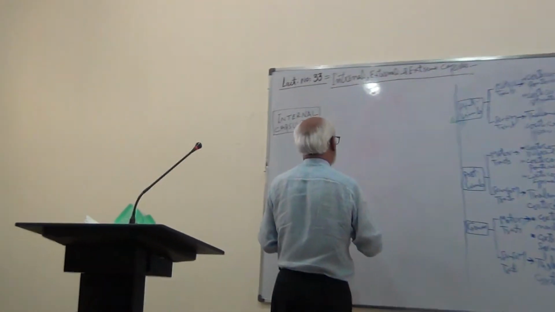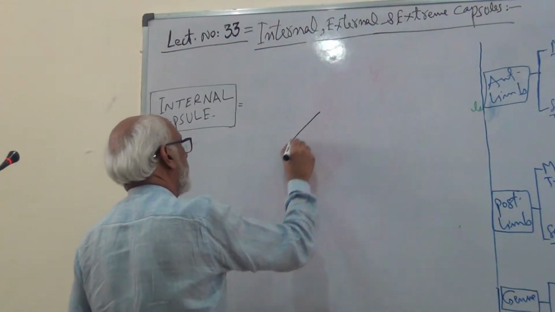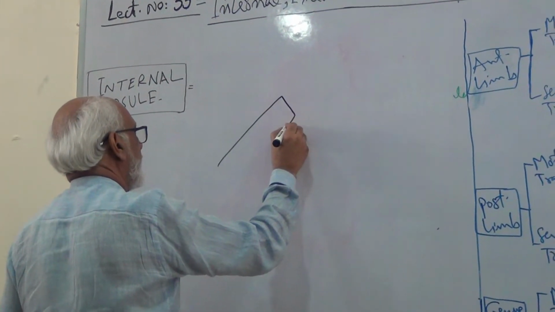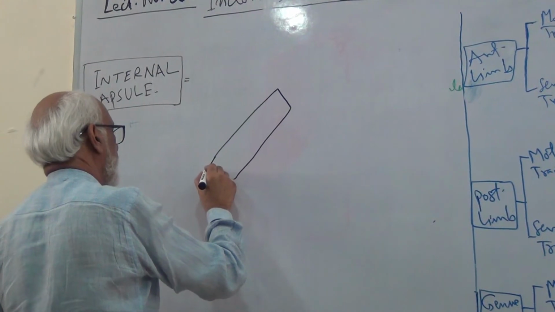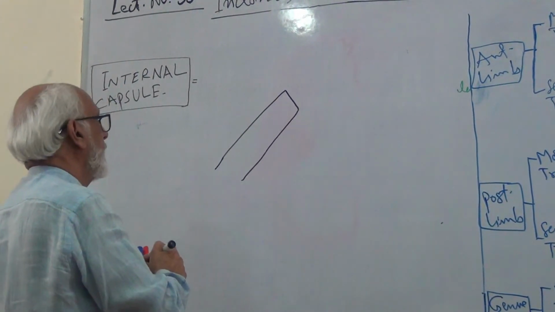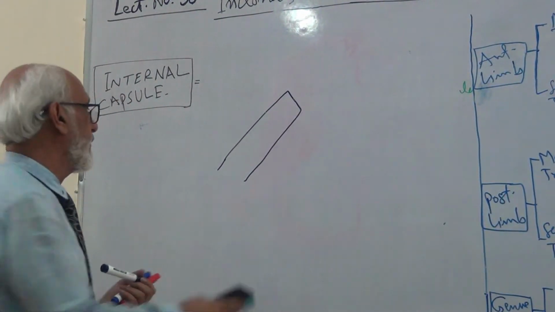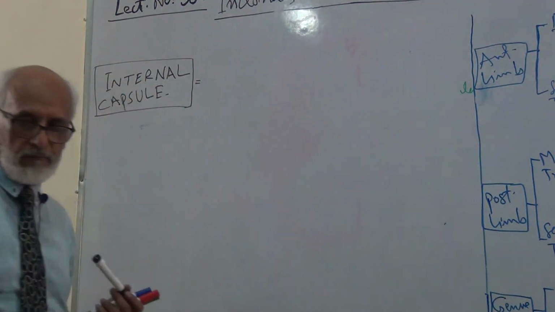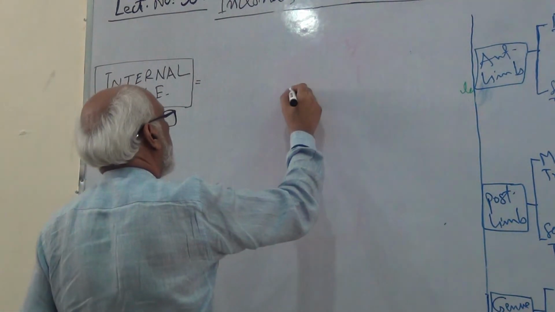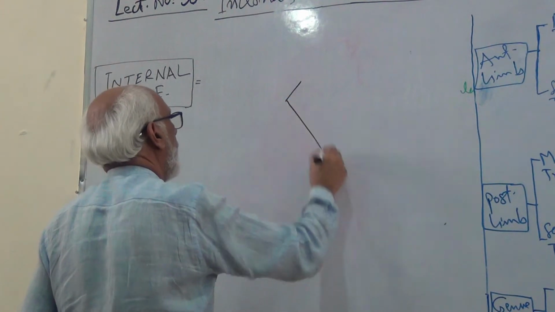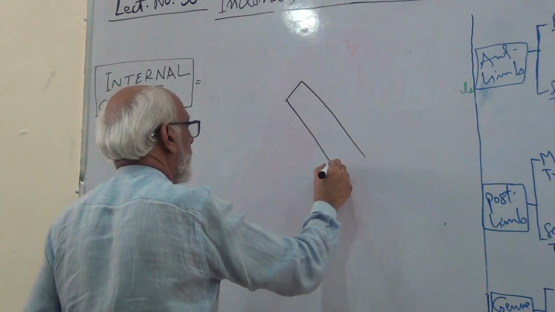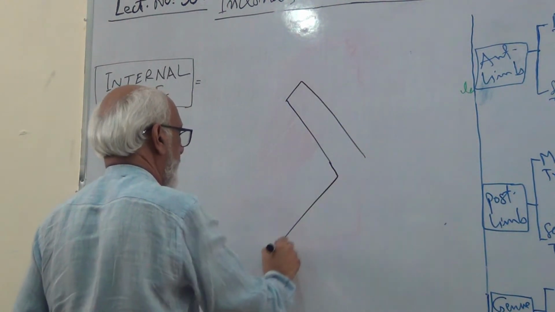Now, what are the different representations of different parts of the body through the internal capsule? Anterior limb, genu and posterior limb.